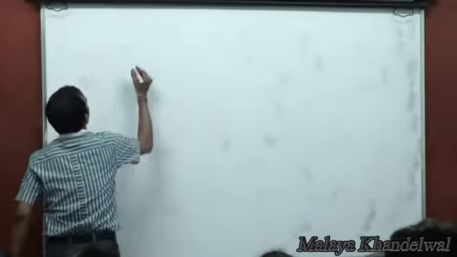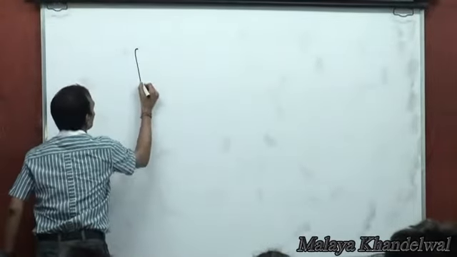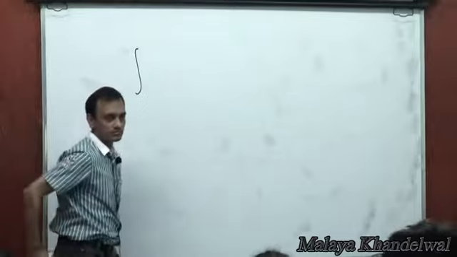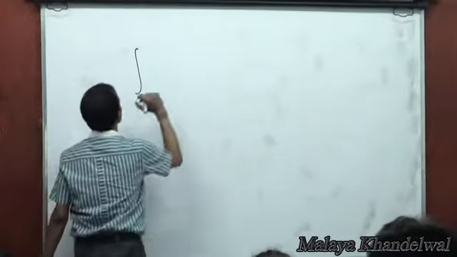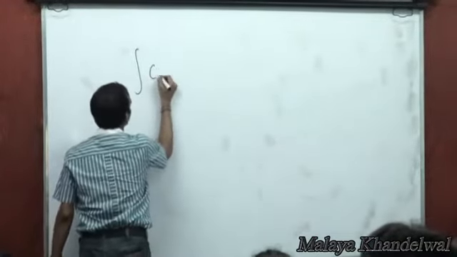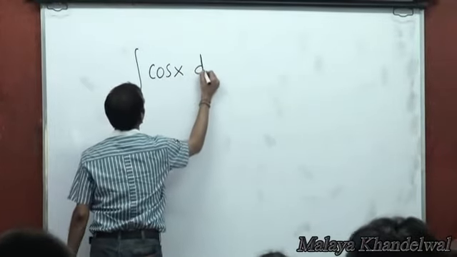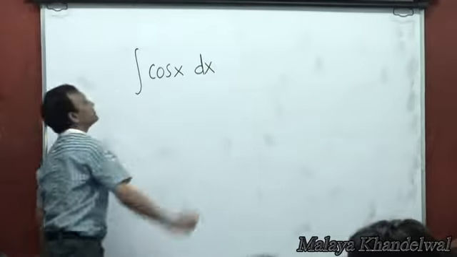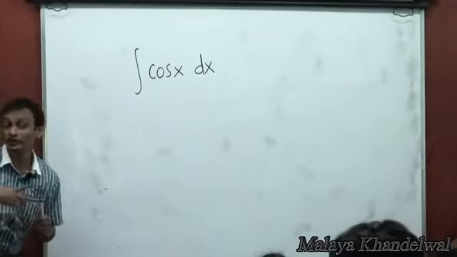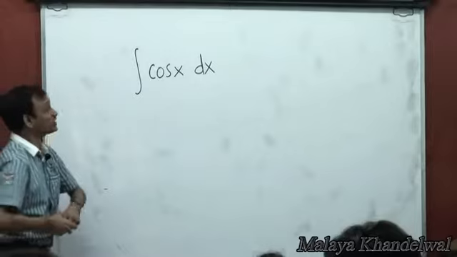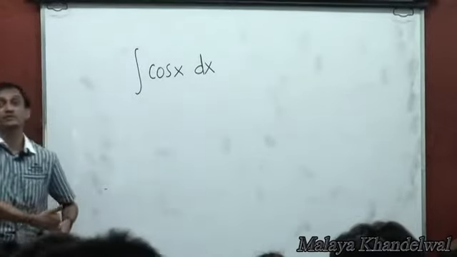Now, when I write something like this, this sign is called the integral. And I write integral cos x dx. The meaning of this statement, or the inquiry made by this statement, is the following.